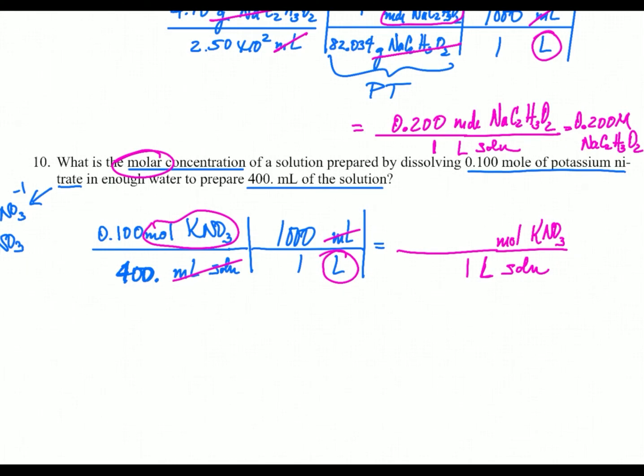So if you plug and chug through that, 0.250 moles of KNO3 per liter, 0.250 capital M KNO3.